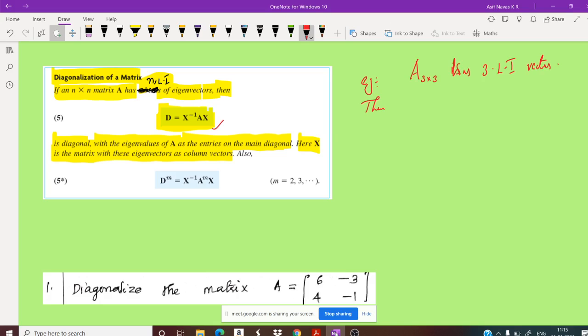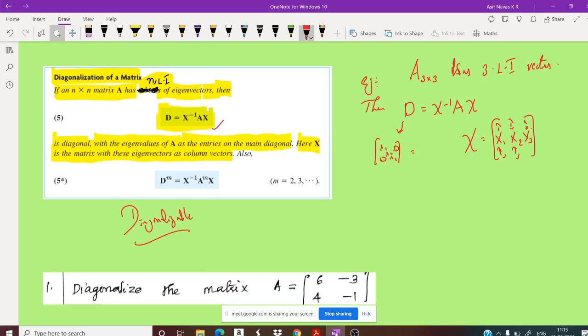Then we will have a matrix D such that X inverse AX is equal to D. This is a diagonal matrix whose diagonal entries are the eigenvalues of A. And X is the matrix whose first column is the first eigenvector of A, second column is the second eigenvector of A, and third column is the third eigenvector of A. So this process is called diagonalization.